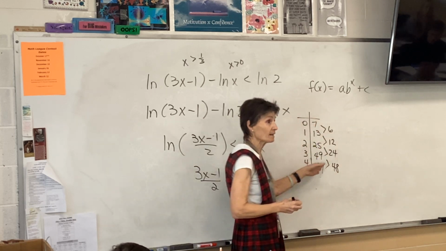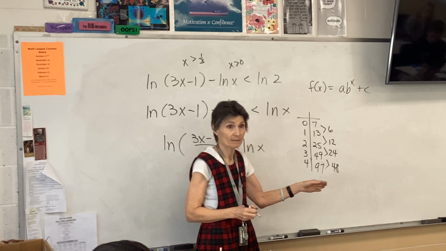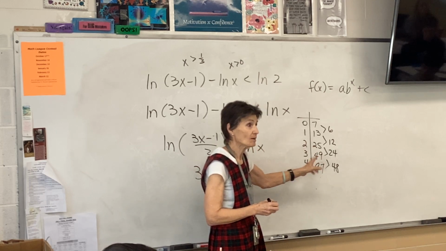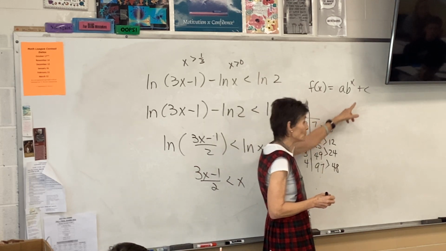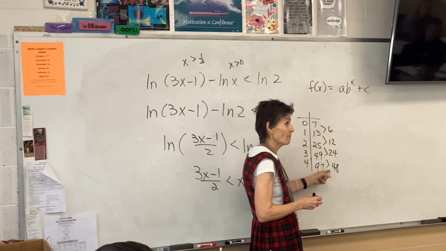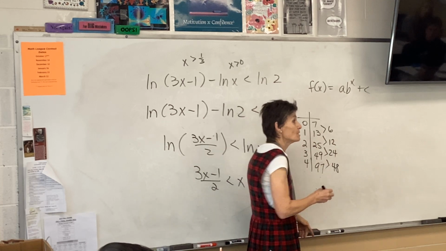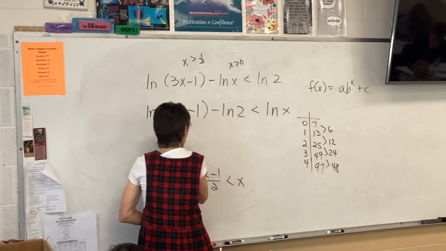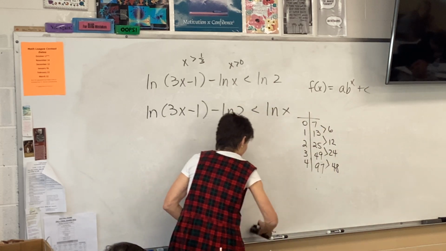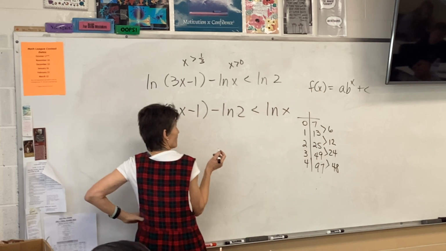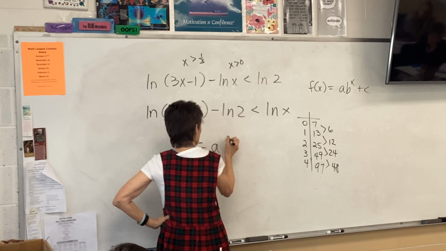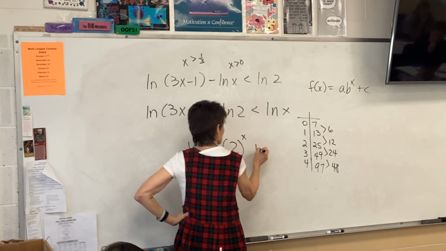Now that is exactly what I would expect to have happen. But what does that tell me? That tells me that my B value is, what am I multiplying by? 2. So my B value is 2. So by looking at the differences, I can tell that my B value is 2. So y equals A times 2 to the x plus C.